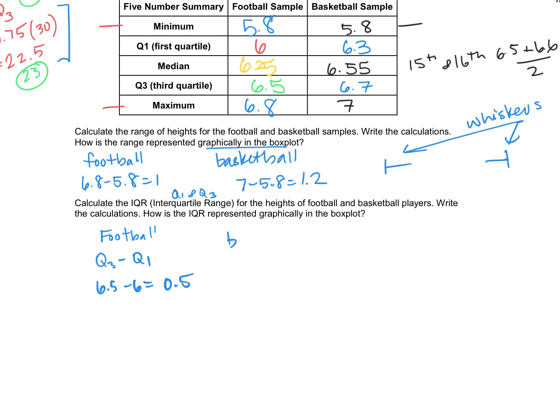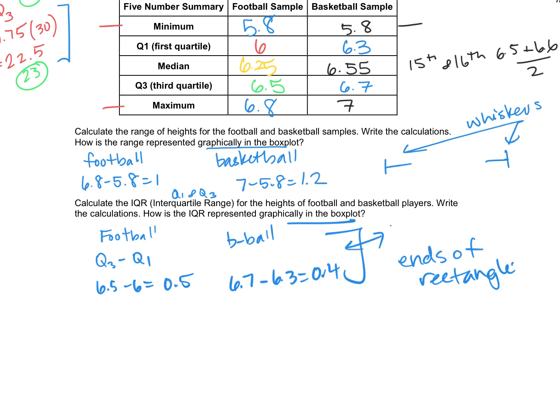And for the basketball, we're looking at 6.7 minus 6.3, which is 0.4. And what it represents on the box plot is that's the actual ends of the rectangle. Because remember, this interquartile range is really the middle 50% of the data. This is the middle 50% based off of those being those quartiles.